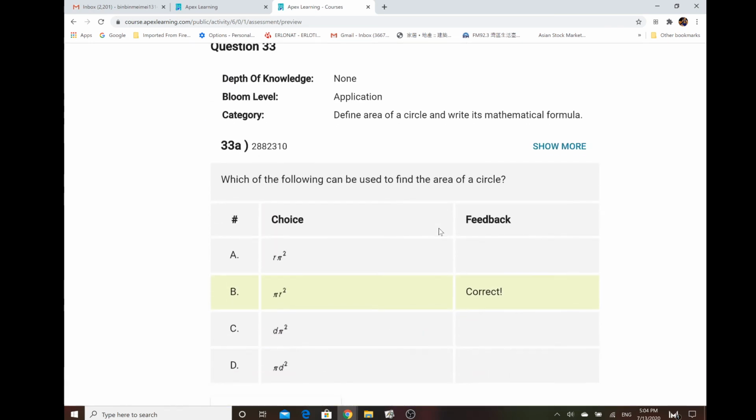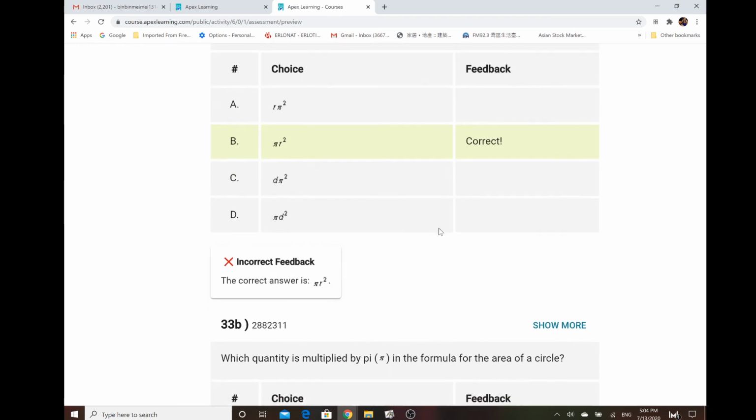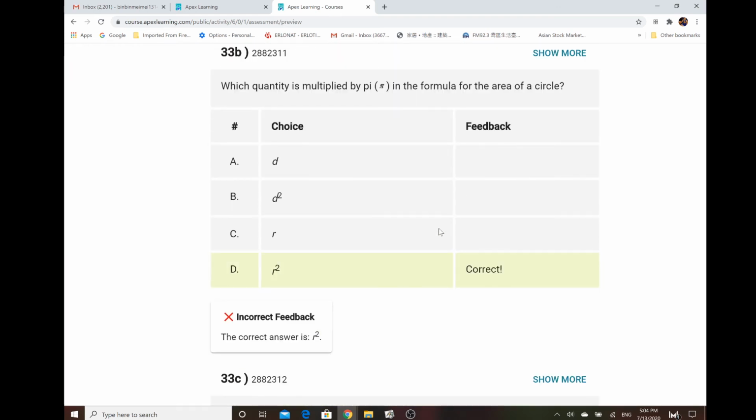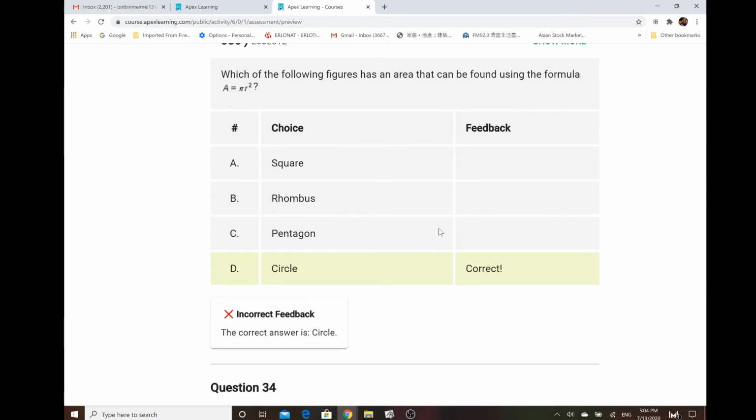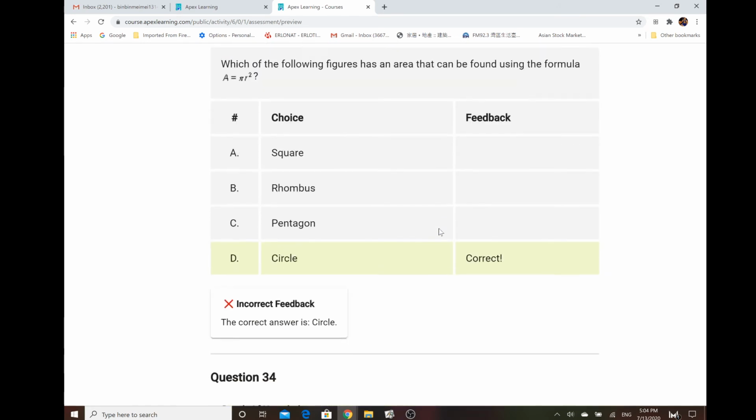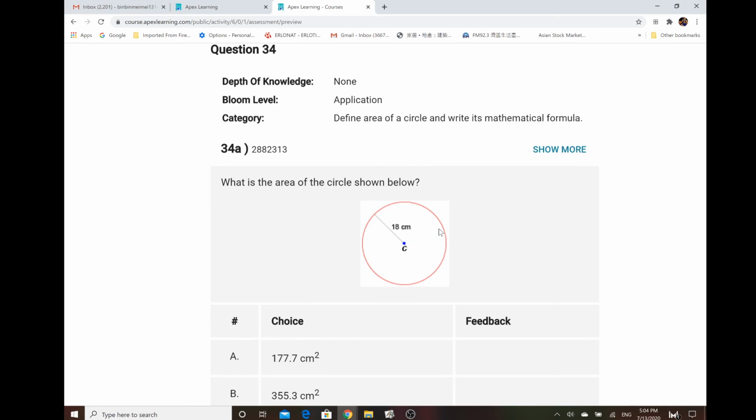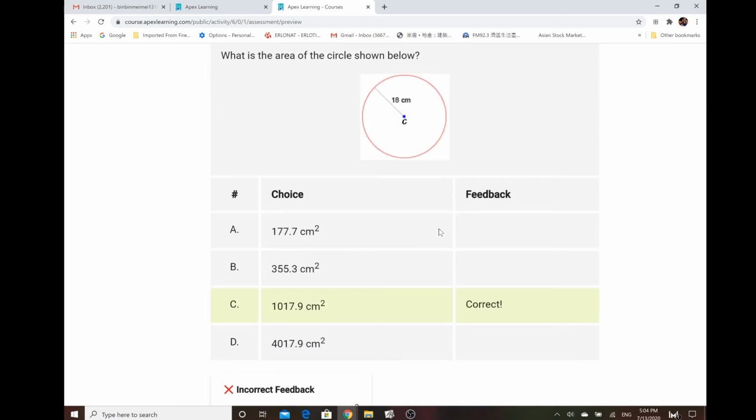Okay, so now 33. The way to find the area of a circle is pi r squared. So in order to find the area, pi times r squared. That's the way to figure out the area of a circle. So what's the area of the circle shown? Pi r squared, so 18 times 18 times pi.